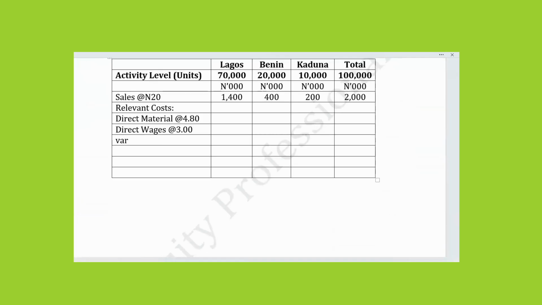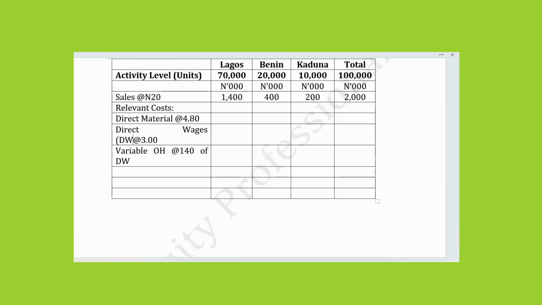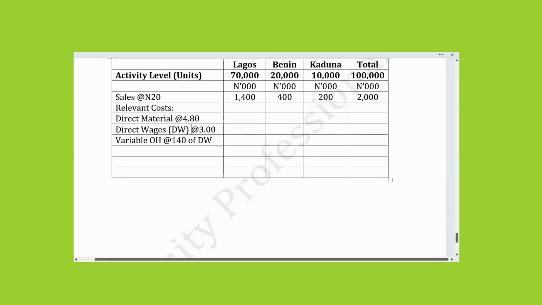Variable overhead at 140% of direct wages. Let me put it this way, DW. All right.